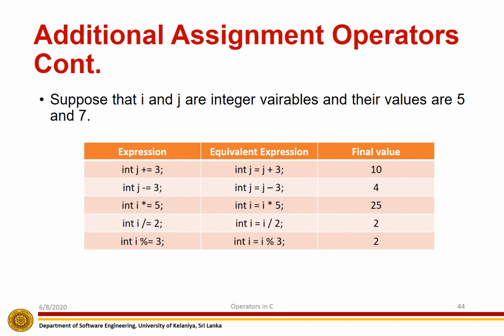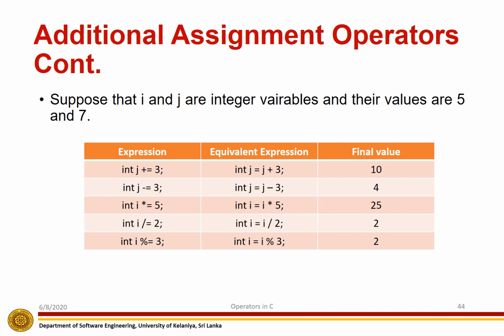Now consider the example for the assignment operators. Suppose that i and j are integer variables and their values are 5 and 7. So in the first expression, j += 3. It means j = j + 3, then 7 plus 3, 10.